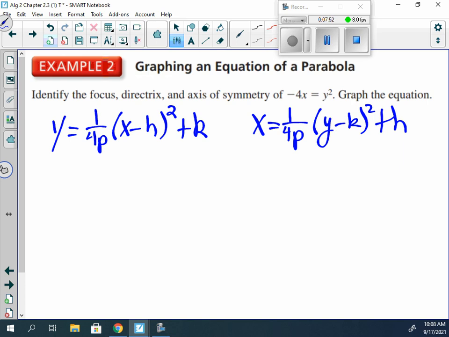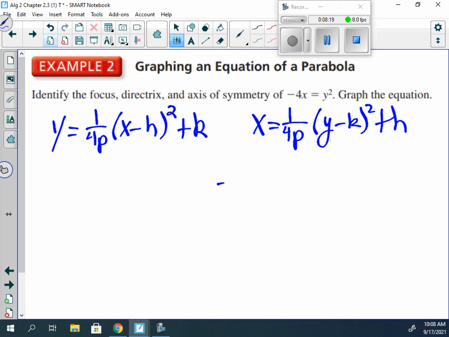Now, I will say this, the vertex is going to be at the origin for two reasons. One, do we have any y's that are not to the second power? Do we have any numbers in there that do not have a variable with them? No. So the vertex will be 0, 0.